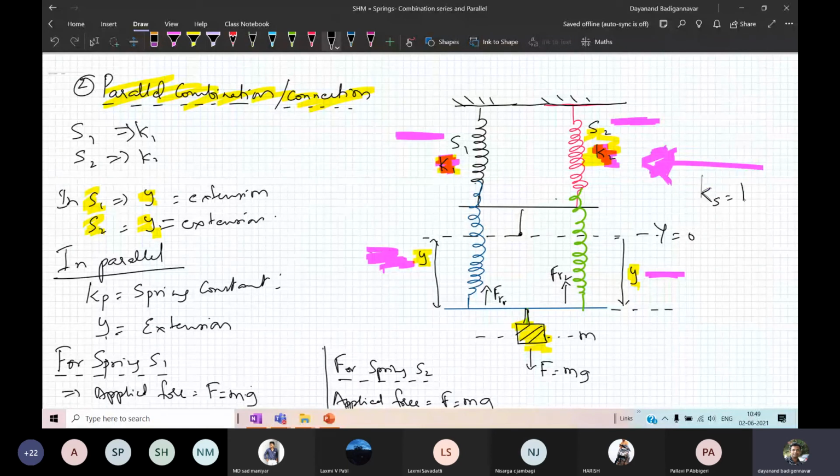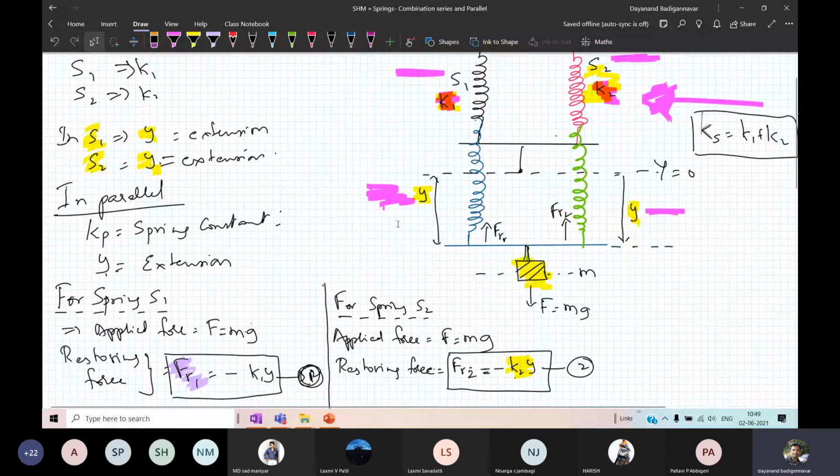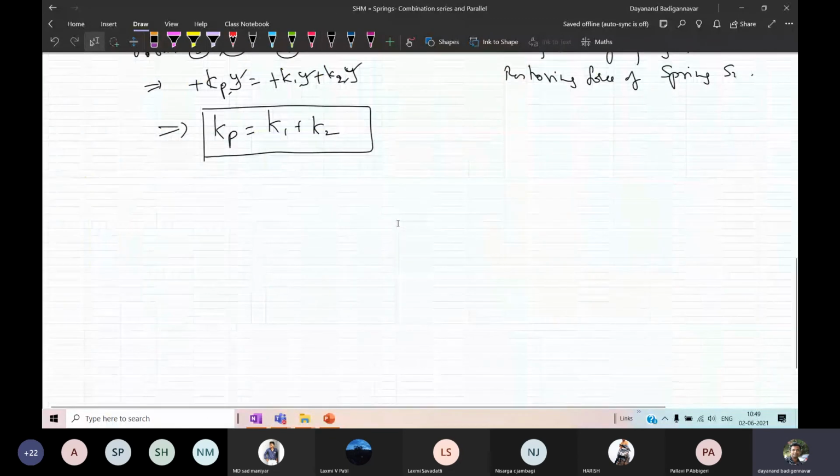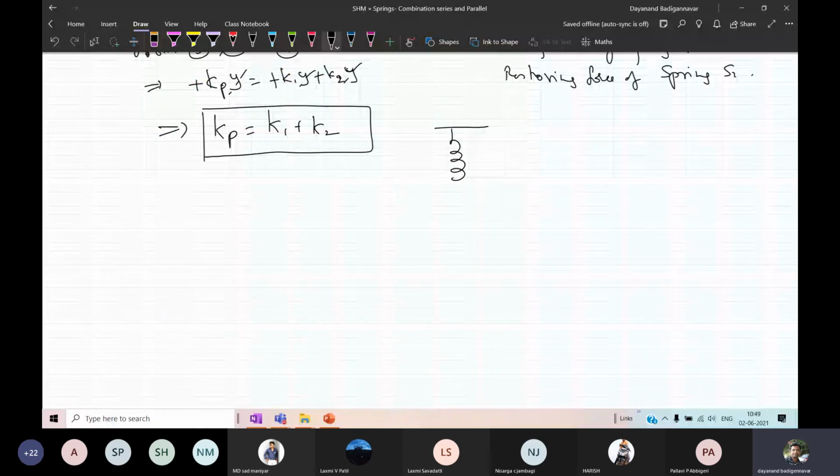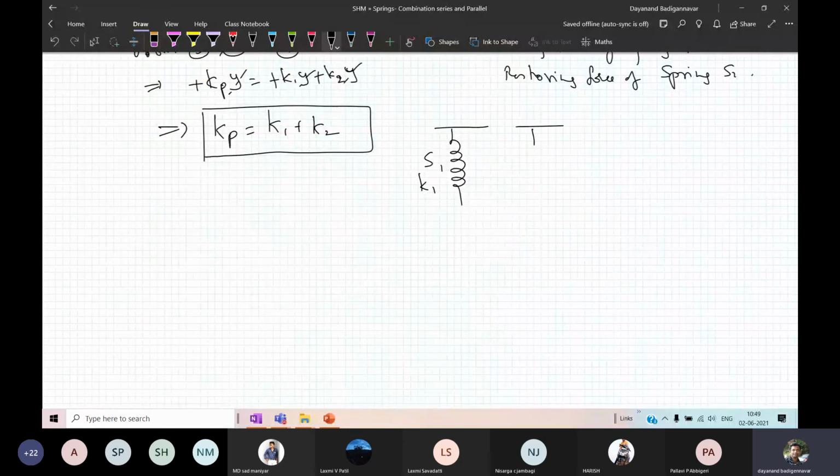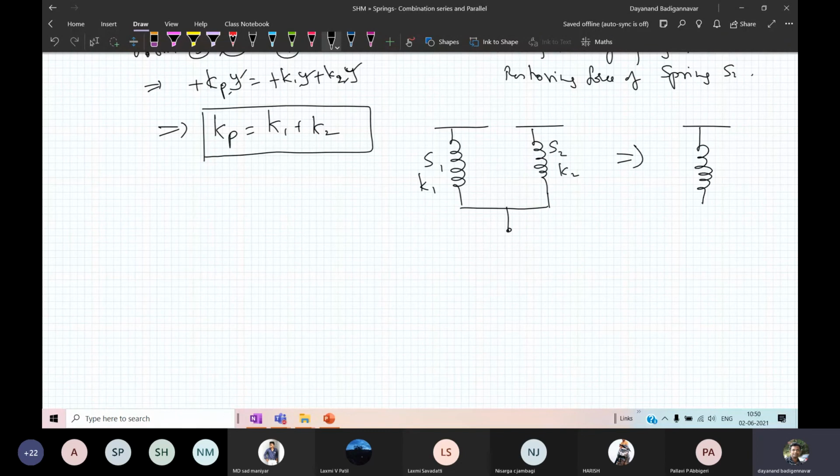You are getting the point? I have two springs, S1 with spring constant K1 and a second spring S2 with K2. I can replace them with one single spring, whose value should be Kp, such that Kp is equal to K1 plus K2.